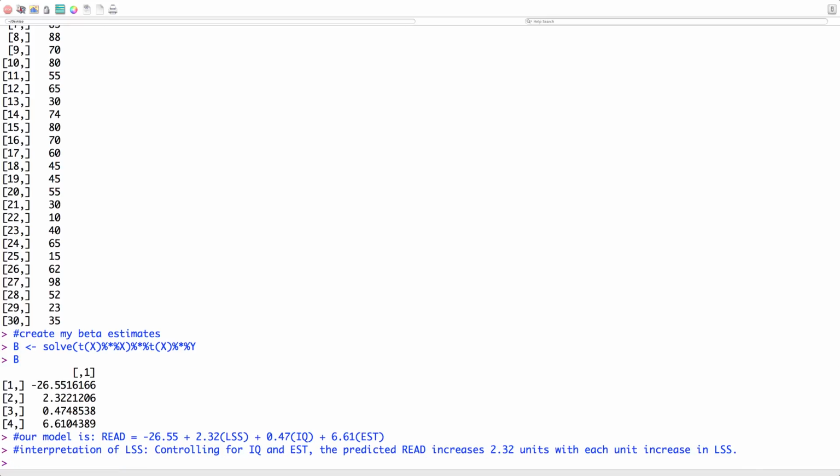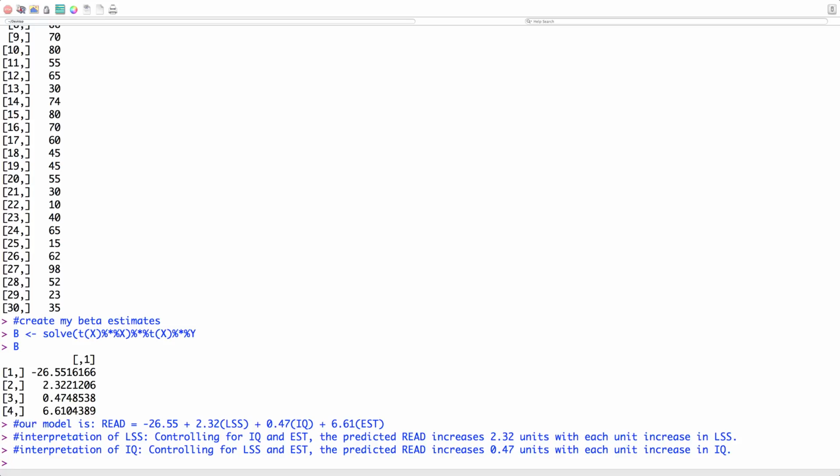Let's go to another interpretation, for IQ. Well, we would say, controlling for LSS and EST, the predicted read increases 0.47 units with each unit increase in IQ.